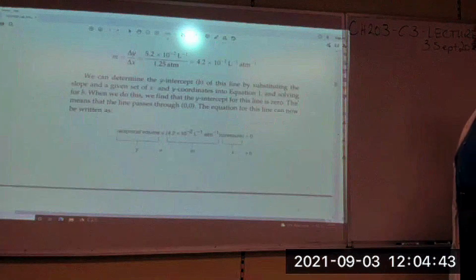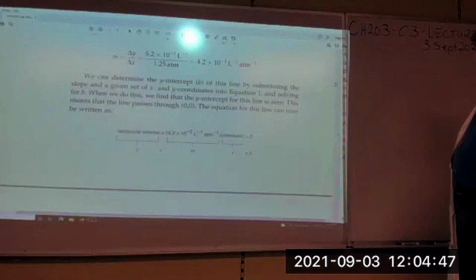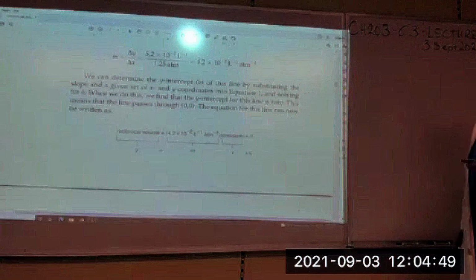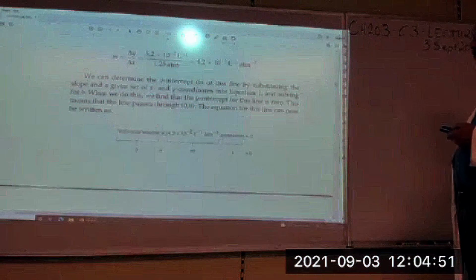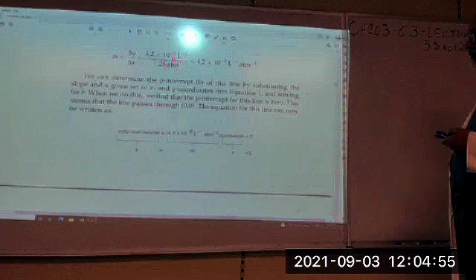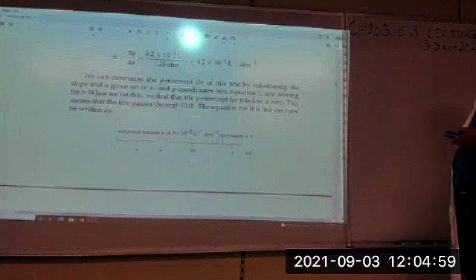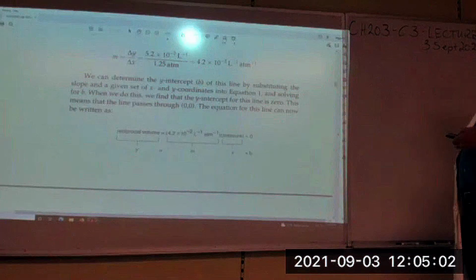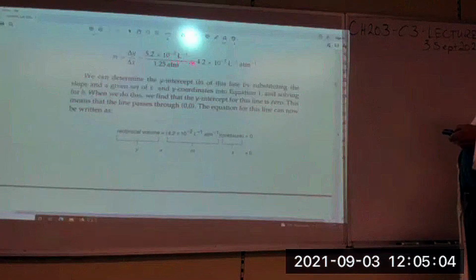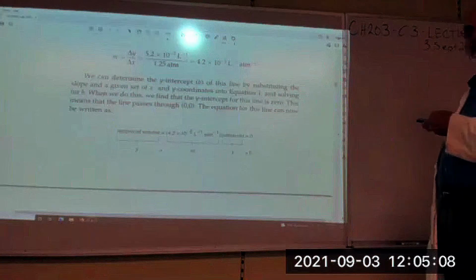Okay, let's see. This talks about units of measure. If you got change in volume divided by change in pressure, that will give you the slope of the line for, well, actually, this must be inverse data. That's inverse data.